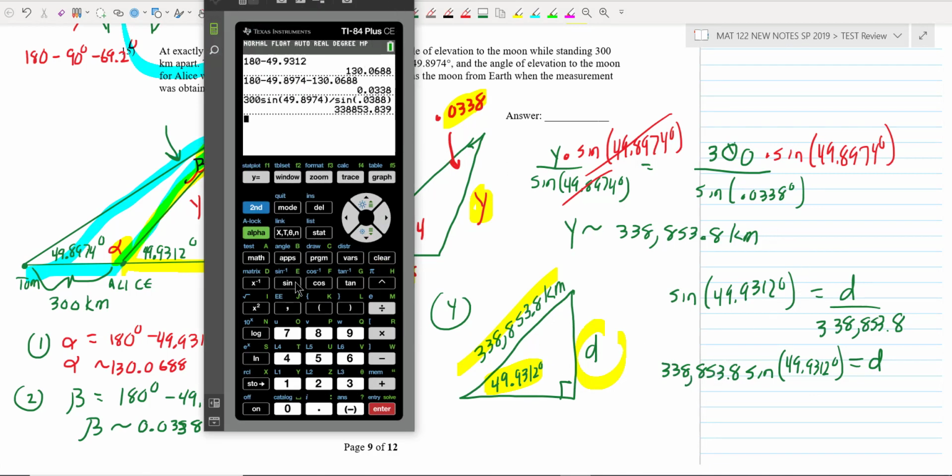It'll be a little smaller. So we just take this number, 338,853.8, and then we multiply that by the sine of 49.9312 to get the final answer of the problem.